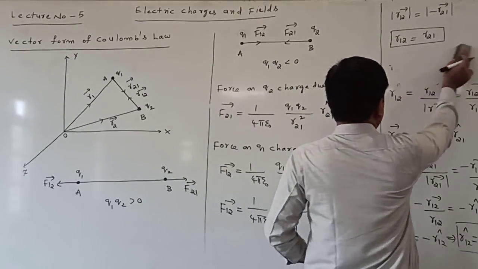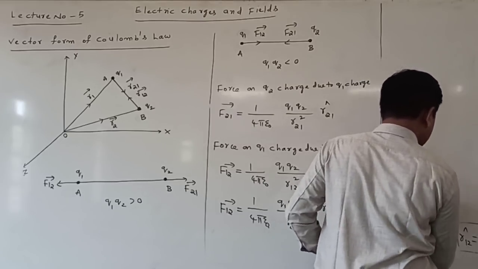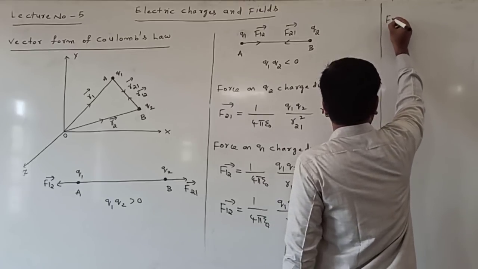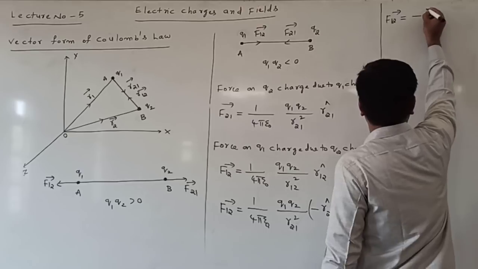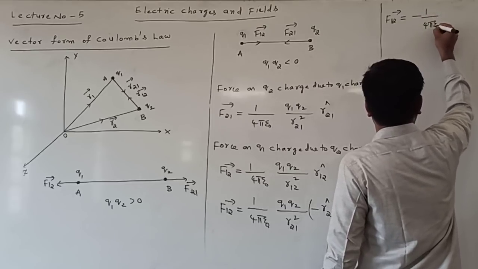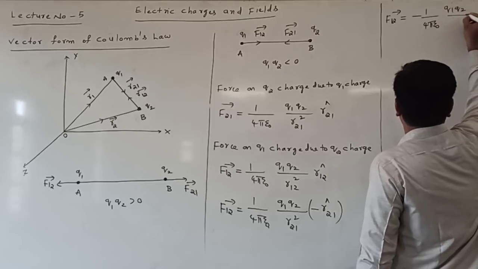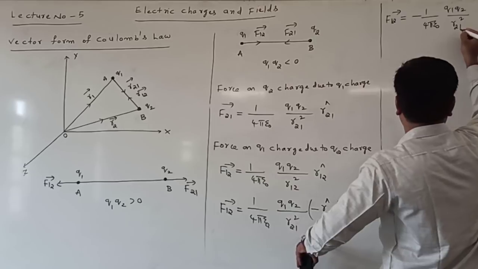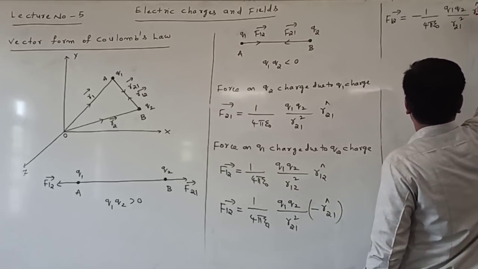Now I am changing that equation. Here F12 bar is equal to, this can be written as minus, taking the common 1 by 4 pi epsilon naught, we can write q1 q2 by r21 square into r21 cap.